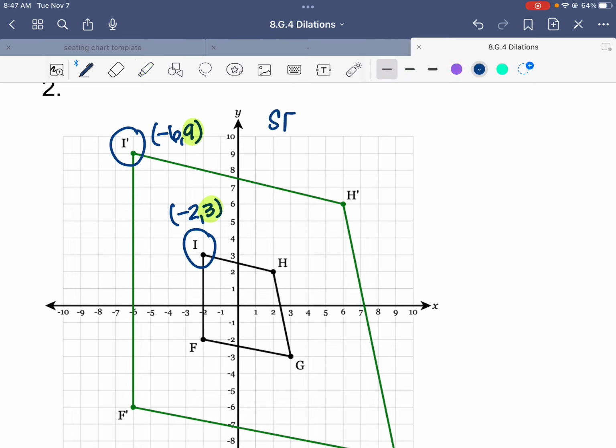Our scale factor, which I'm going to shorten to SF, is 9, because that's the image coordinate, divided by 3, that's the pre-image coordinate. So our scale factor is 9 divided by 3, or 3, which is an enlargement. This makes sense because to go from the original figure to our image, it had to get larger.